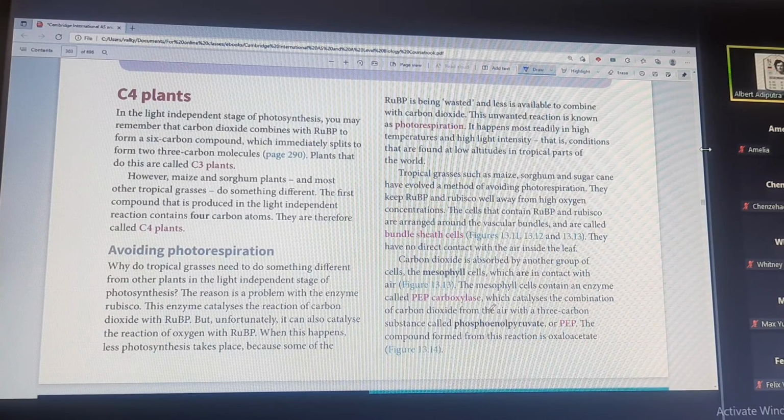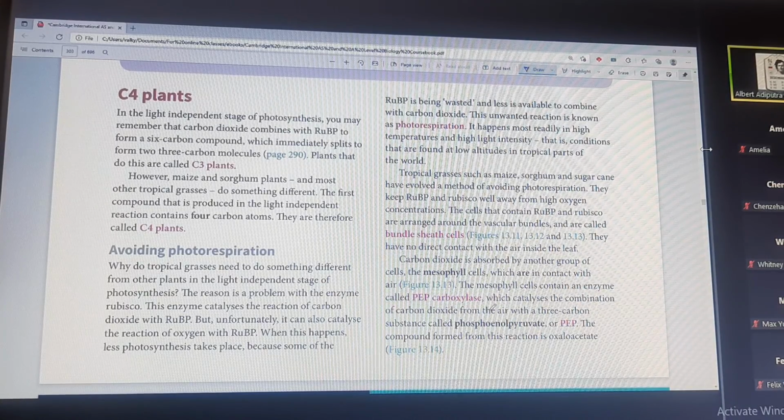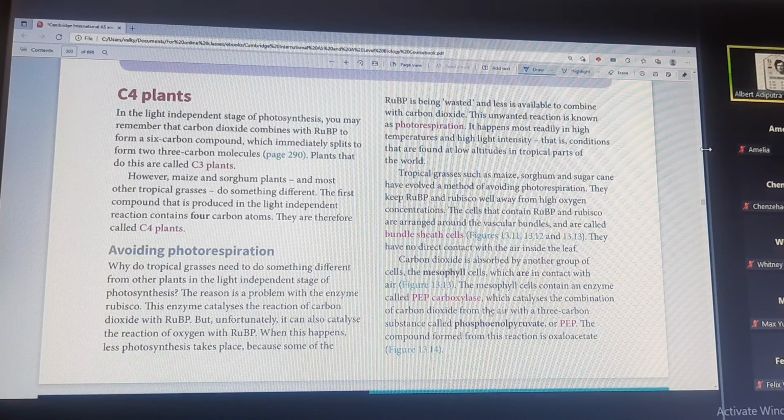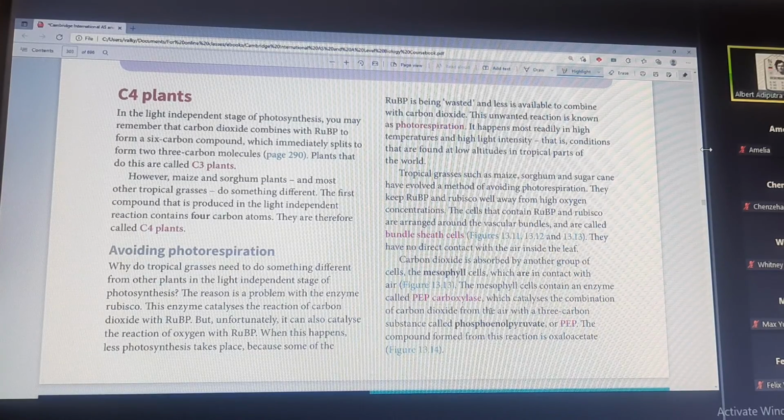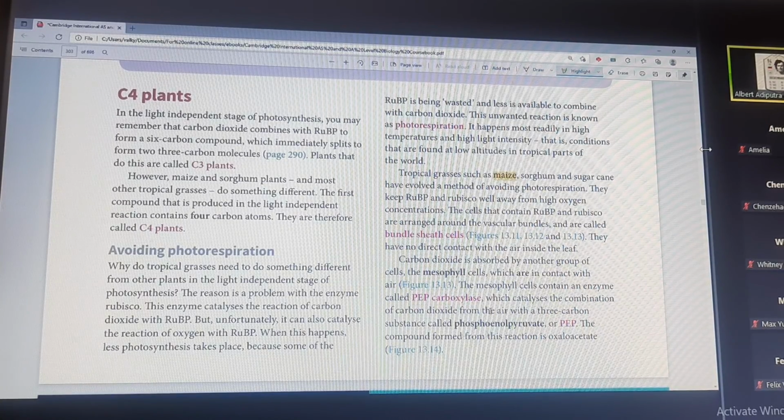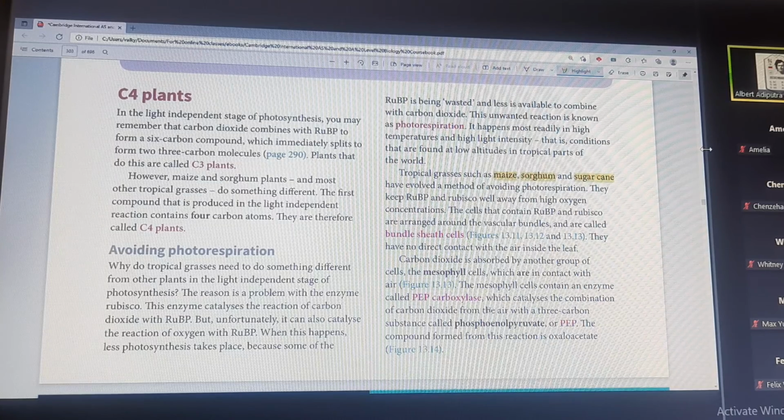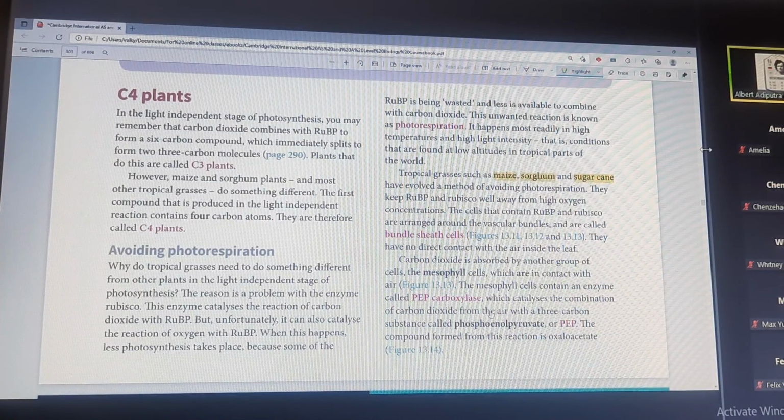C4 plants live in a warmer habitat. The examples are given here, so you can imagine them: the maize or corn, sorghum, and sugarcane. You know, the common crops that Indonesians grow. They are C4 plants. They are adapted to living in a warmer place, not in a colder place.